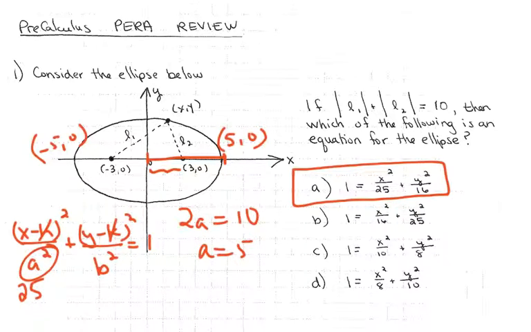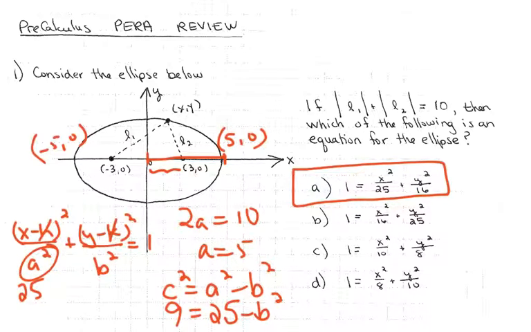If you want to prove that b squared is 16, we have this little formula that c squared is a squared minus b squared. Since I know that c is 3, c squared is 9, and then you would find out that b squared is equal to 16.